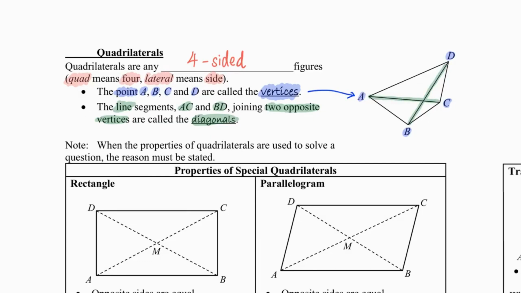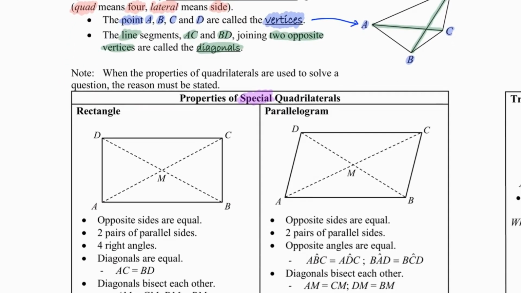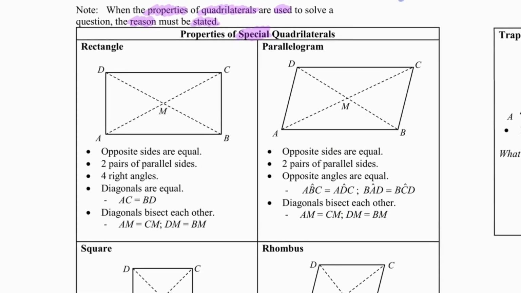Let's move on to some special quadrilaterals with special names. Some of it you probably have been seeing, and we must state the reason when we use the properties of this quadrilateral. So let's take a look at some. Okay, for rectangle, these are some of the things.